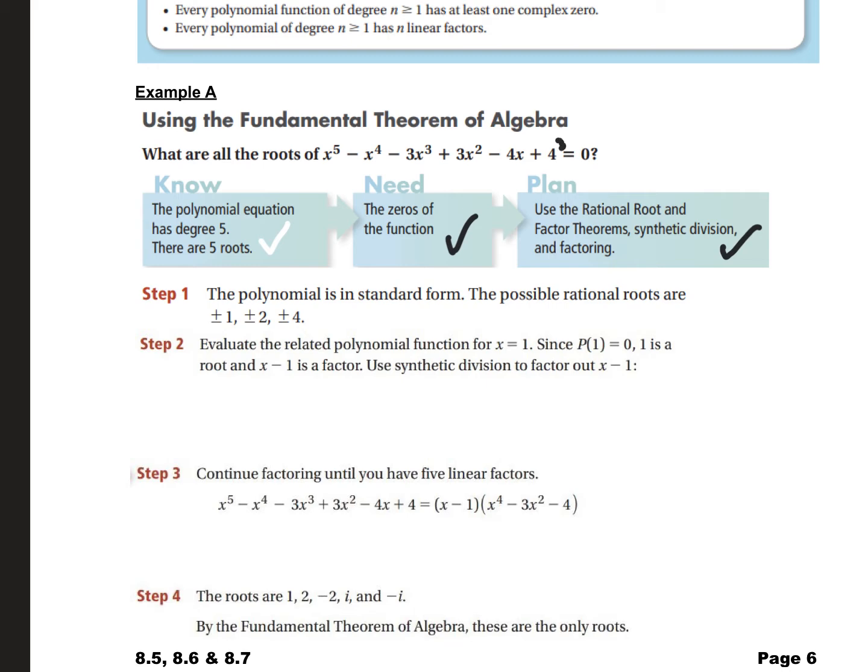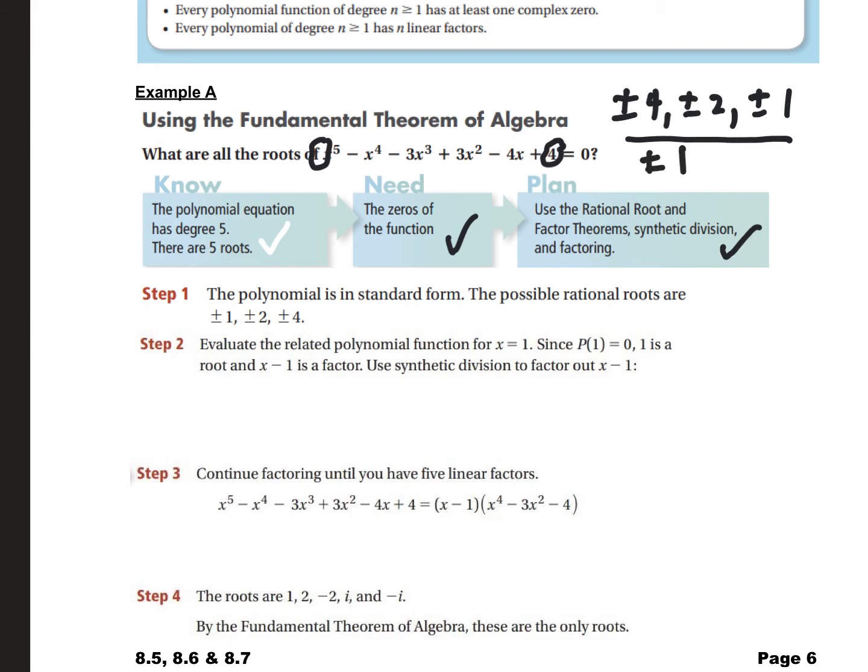In this case, it's 4, and we also need to find the factors of the leading coefficient. The factors of 4 are going to be plus and minus 4, plus and minus 2, plus or minus 1, divided by our leading term, which is 1, so plus and minus 1.